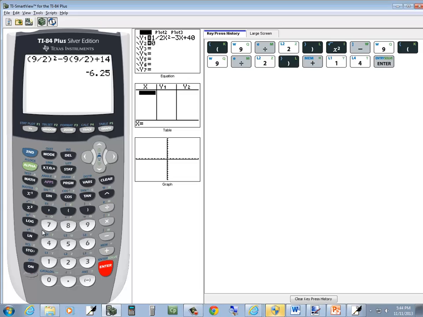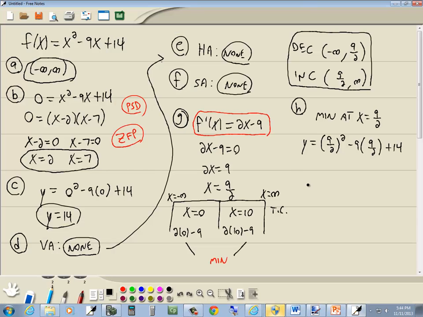Enter, and then math, enter. Math, enter changes it to fraction. And we got negative 25 over 4. So our minimum is going to be at 9/2 and negative 25 over 4.